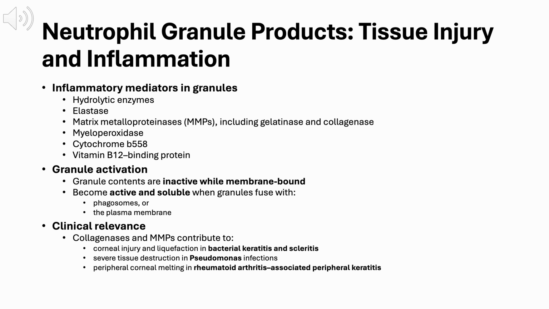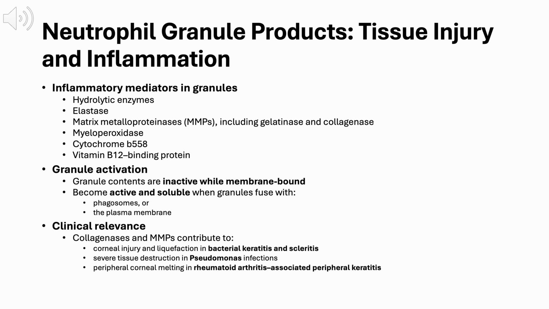Neutrophil granules also contain potent inflammatory enzymes, including elastase, myeloperoxidase, and matrix metalloproteinases, such as gelatinase and collagenase. While these products remain membrane-bound within the granule, they are relatively inactive. They become active and soluble when the granule fuses with a phagosome or with the neutrophil's plasma membrane.